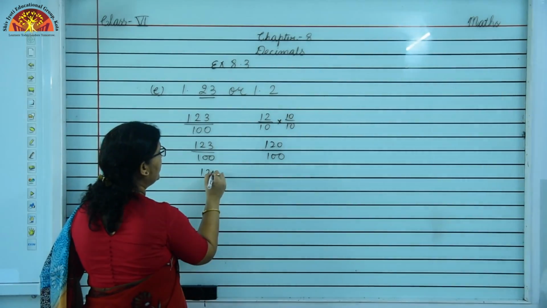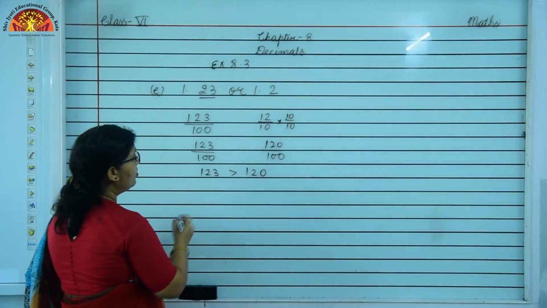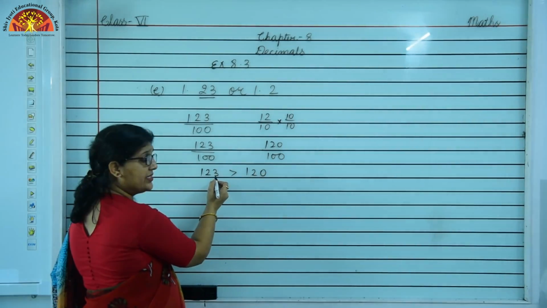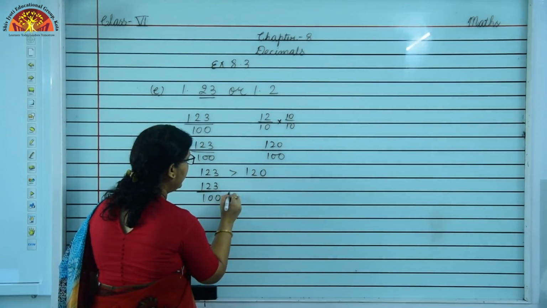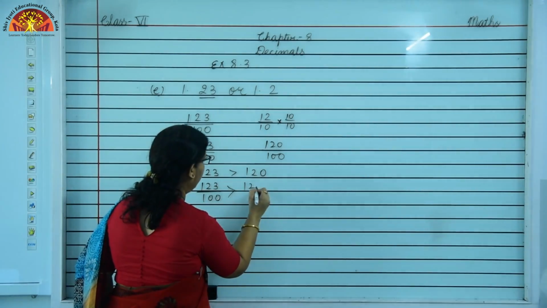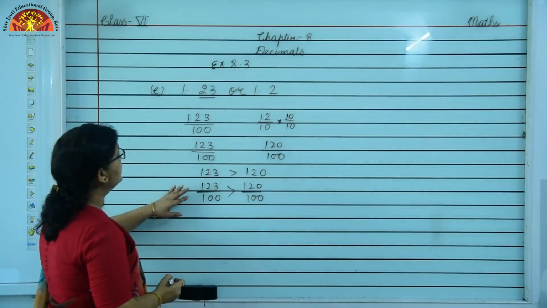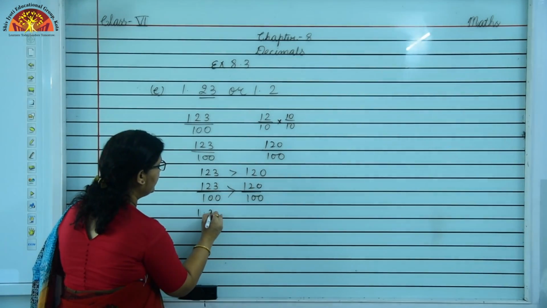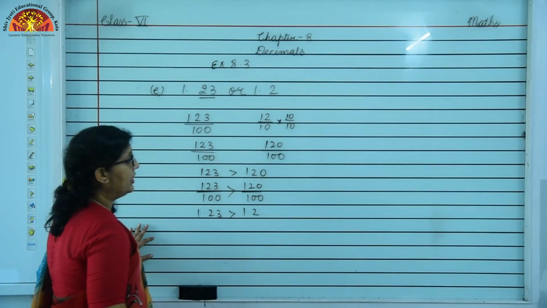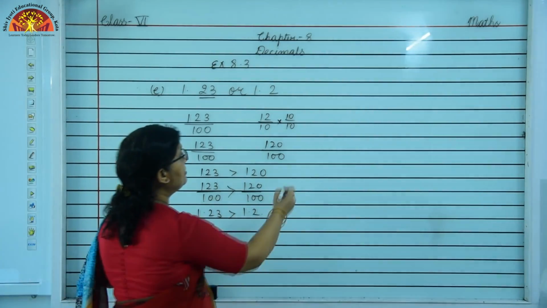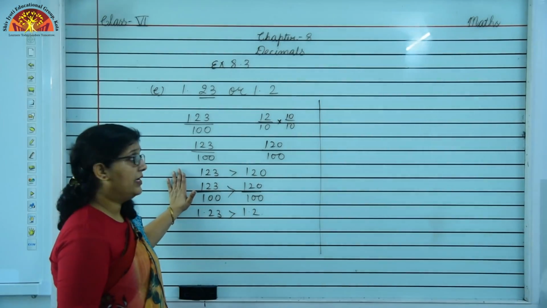So 123 is greater than 120. So 123 upon 100 is greater than 120 upon 100. And what is the original fraction? 1.23 is greater than 1.2. Understood students?